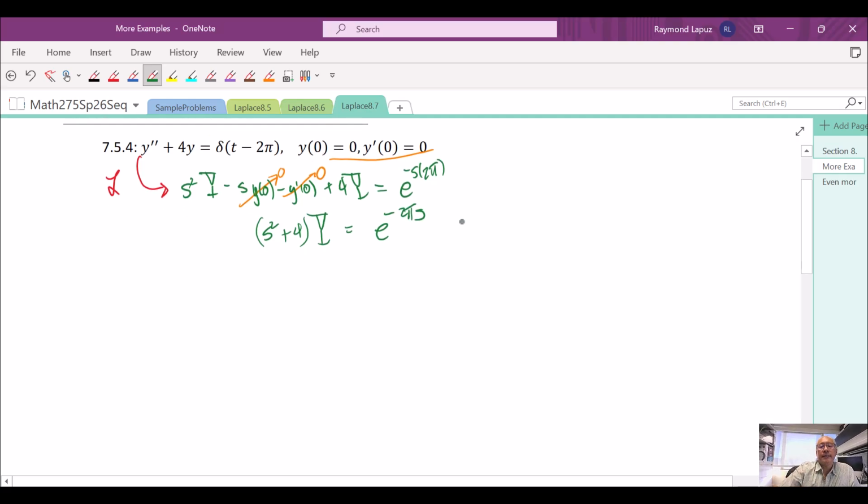All right, let's solve for Y. Just going to be, oops, this is not equals, this is an arrow. Well, I usually write the function first. So this is going to be 1 over s squared plus 4 times e to the negative 2 pi s.